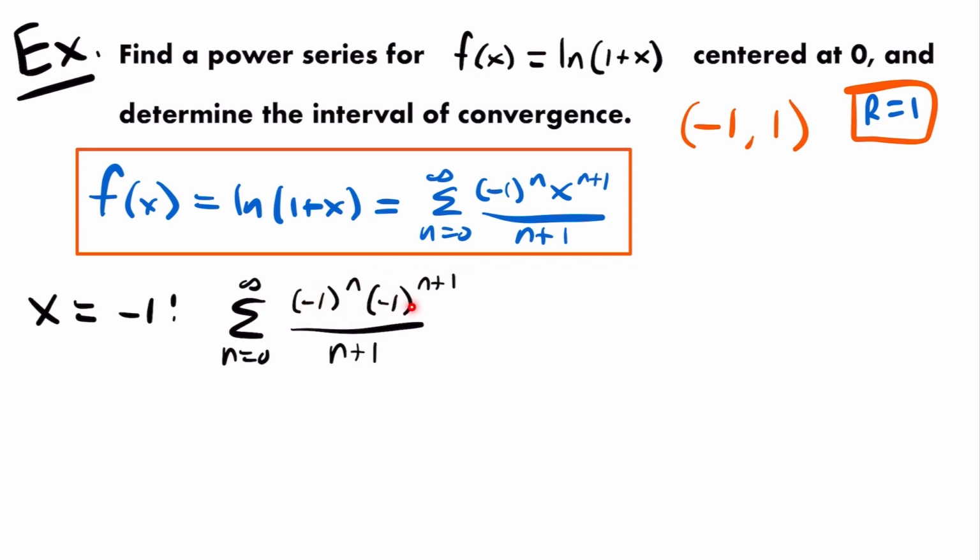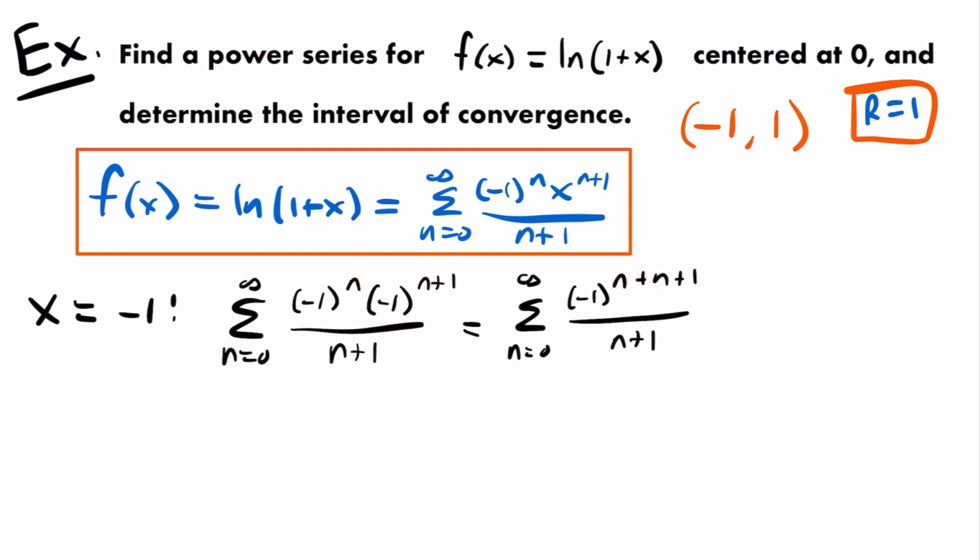Since we have the same base here of -1, we can add the exponents and just have (-1)^(n+1). So this will be equal to the sum from n equals 0 to infinity of (-1)^(n+1) divided by n plus 1. We just added those exponents. But now we can simplify that a little bit.